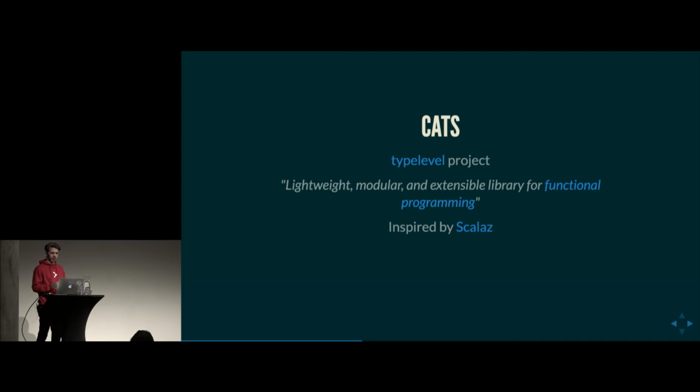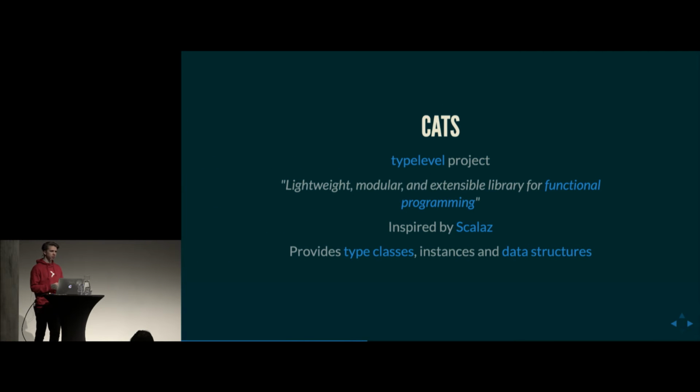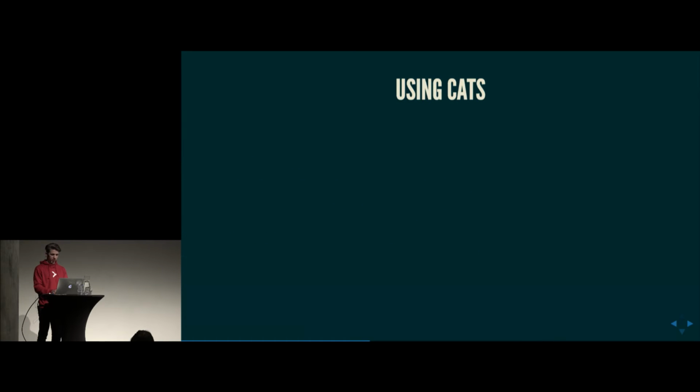It started as, I think, a fork of Scalaz, but it's a bit different now. Anyways, what it does is provide type classes, like functor and monad, instances for them for the standard library classes and their own data structures, and also some additional syntax that you would use, but that's not necessary here.